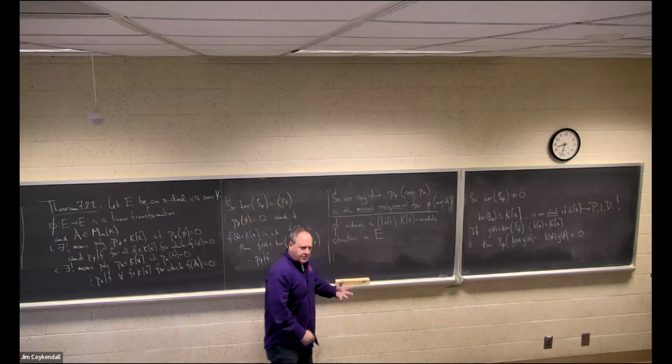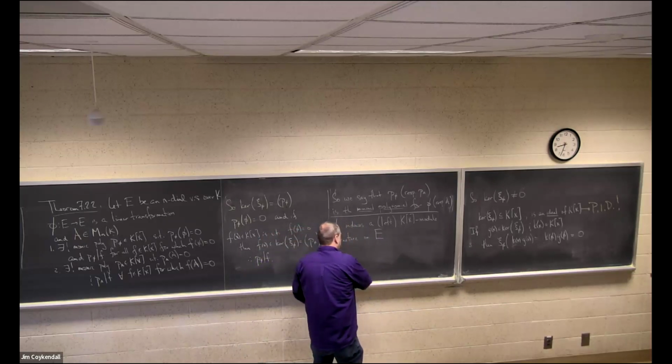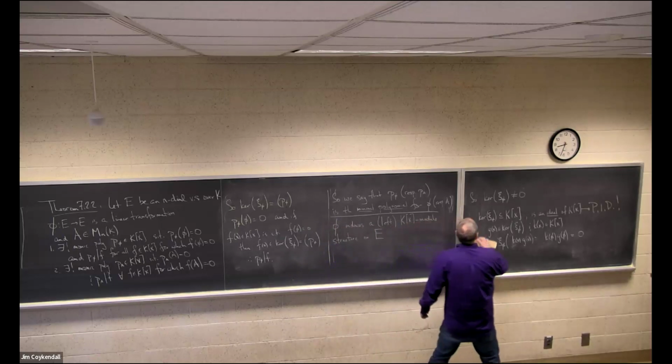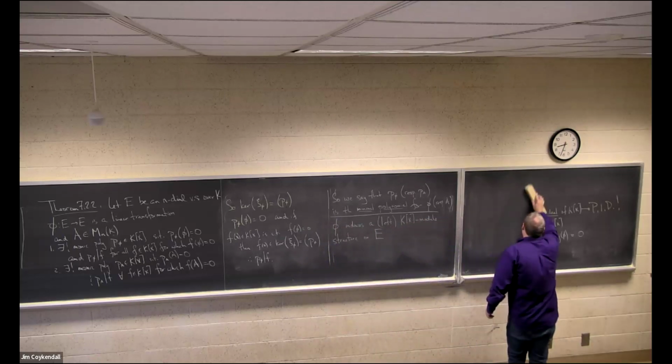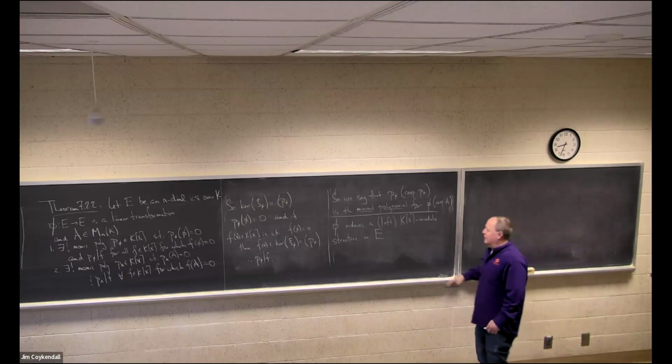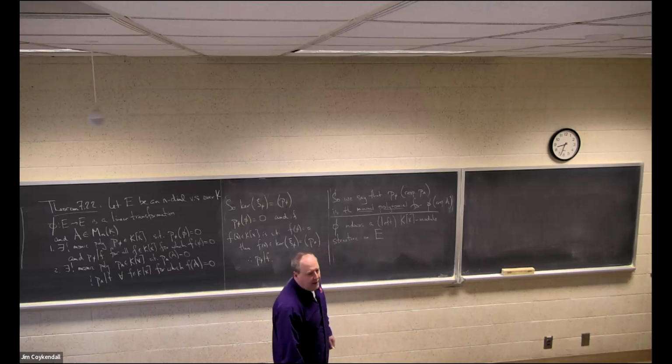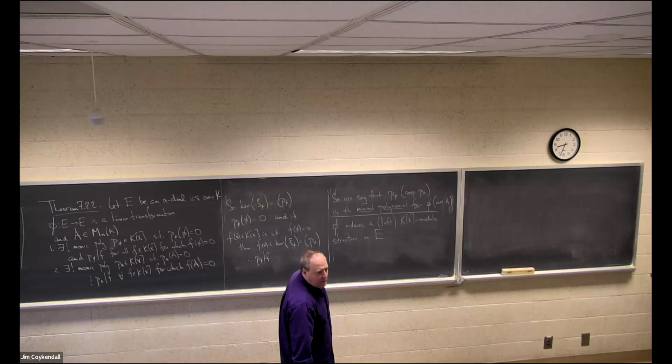Okay, so let me take a minute just to underscore this. Now remember what E is, right? E is some finite dimensional vector space over K. Now, of course, there's a K-module structure on that. It's a vector space, right? I mean, E essentially is n copies of K, a direct sum.